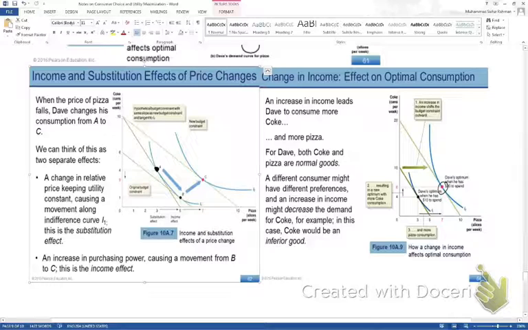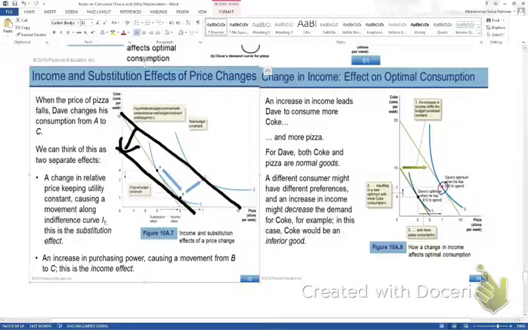So the way we do that is that we start with the new pivoted budget constraint, which is the one that you're looking at right now, and we draw a parallel budget constraint downward until the artificial budget constraint is tangent with the original indifference curve, which means that we are basically drawing this new budget constraint by taking away this extra purchasing power of the consumer.